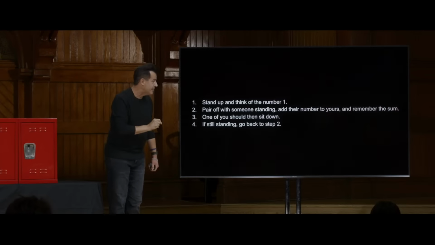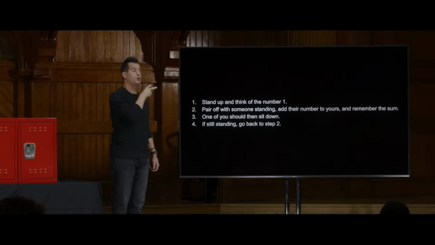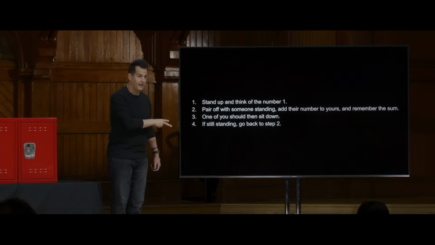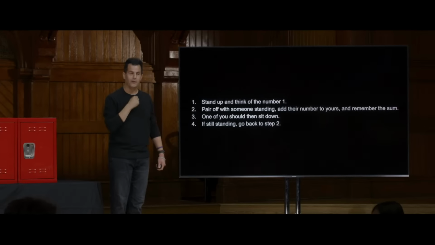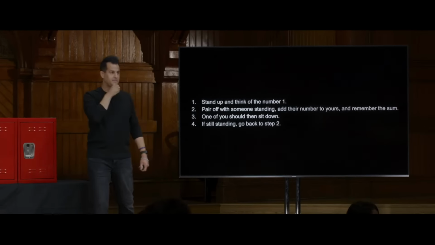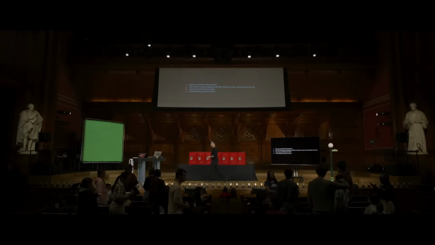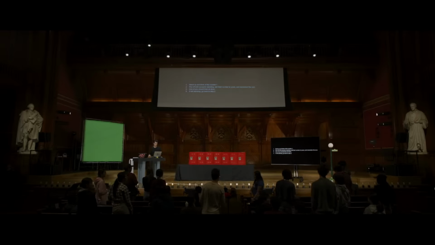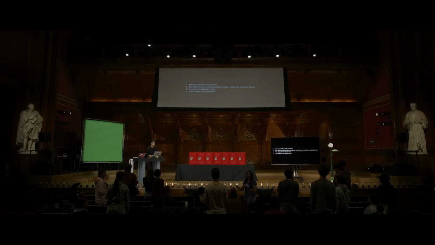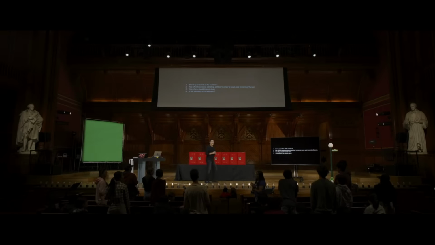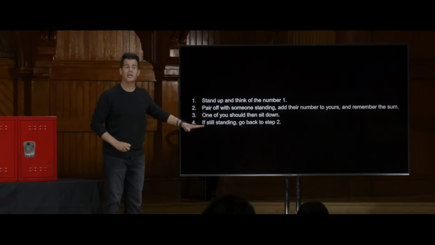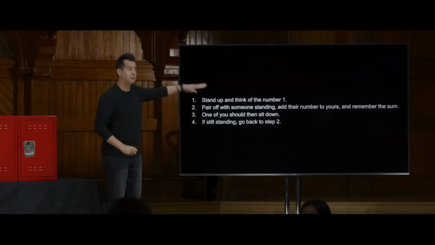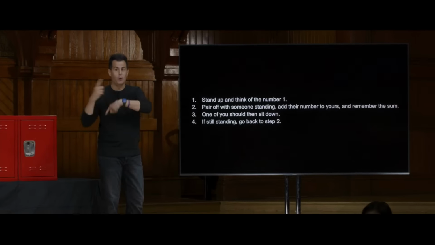If still standing, go back to step 2. Ergo, repeat, or loop if you could. And notice if you've gone back to step 2, that leads you to step 3. That leads some of you to step 4, which leads you back to step 2. So this is a loop.